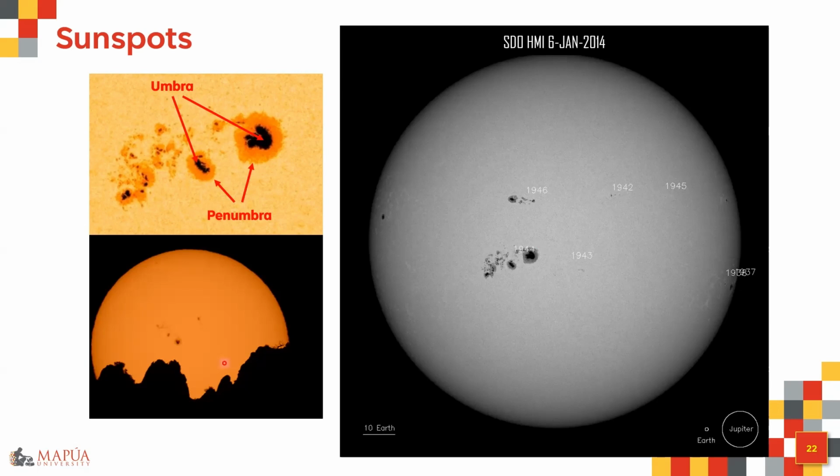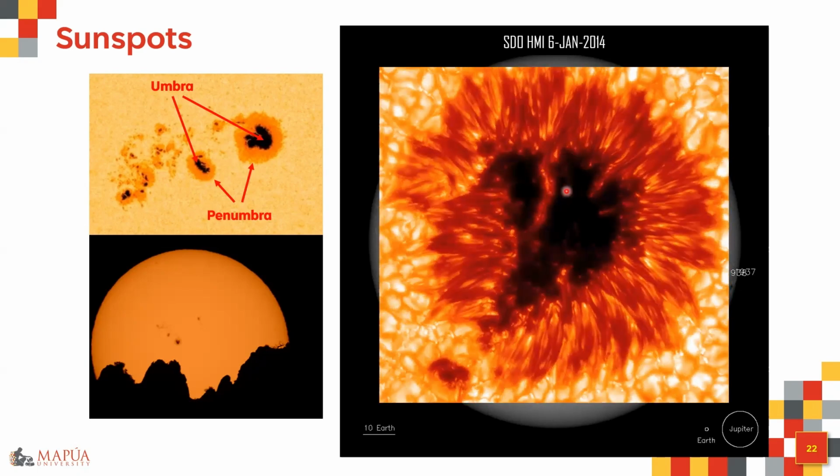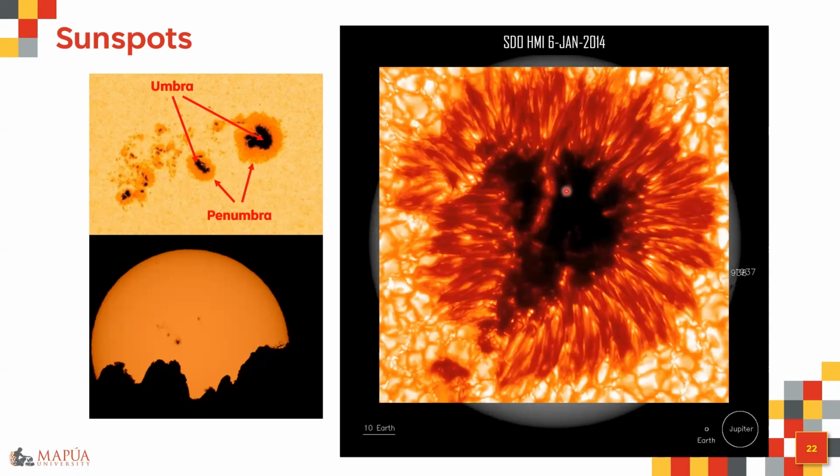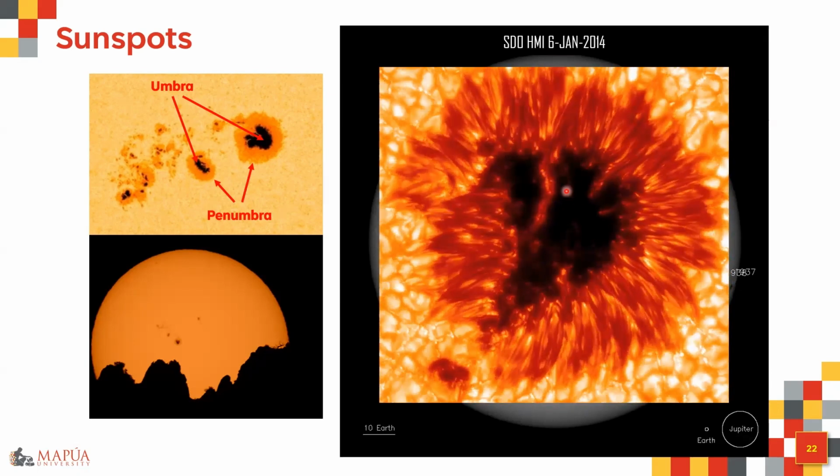Sunspots, as you already know, are actually composed of two parts. You have your umbra, so that's the darkest spot, and you have your penumbra. So this is a very close-up view as I showed you earlier. The umbra is actually very cold.